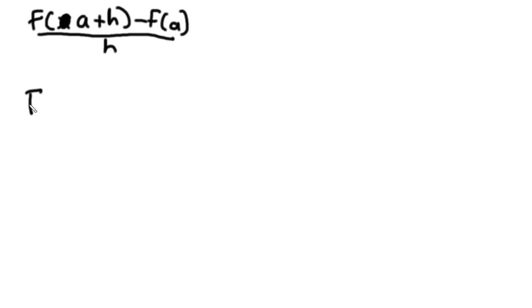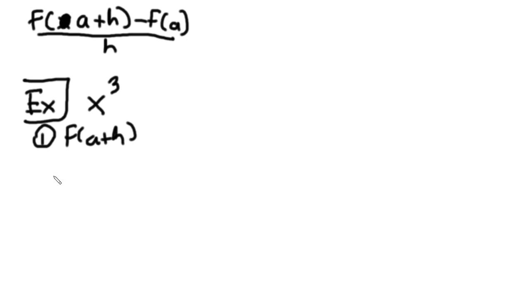So for my first example, let's look at the difference quotient of x cubed, which is something that we didn't do in class. For the first step, I want to do my f of a plus h, which is going to give me a plus h cubed.